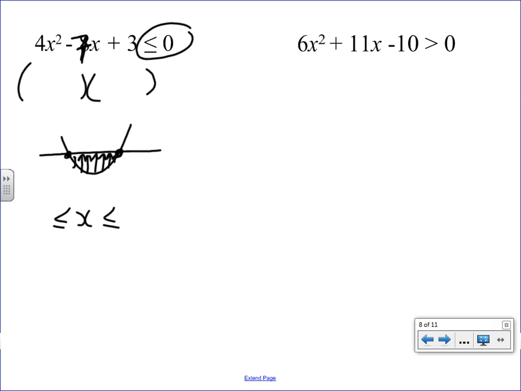You've got 1 and 3, but you need 4 to be multiplied by the 1. Yes. In fact, this one gives me x is 1, and this one gives me x is 3/4. So this would be the 3/4, this would be the 1, and I want to be squashed between the 3/4 and the 1.